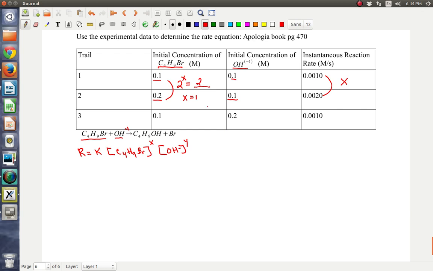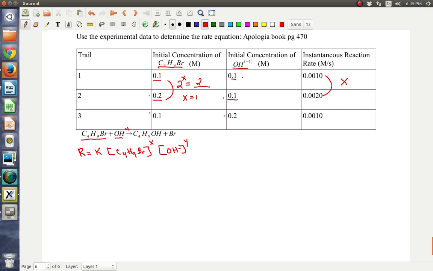Alright, now we have to figure out the rate law change for the other reactant. I cannot use the second and third trial to figure out the y, because the concentration changed from here to here, and the concentration changed from here to here. That means we don't know what these rate changes are due to. So we have to make sure only one of them changes. The instantaneous rate is due only to the change of the reactant that changed. So we're eliminating variables.